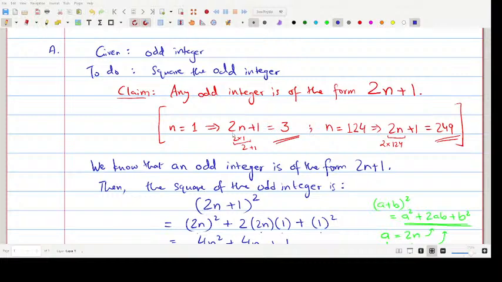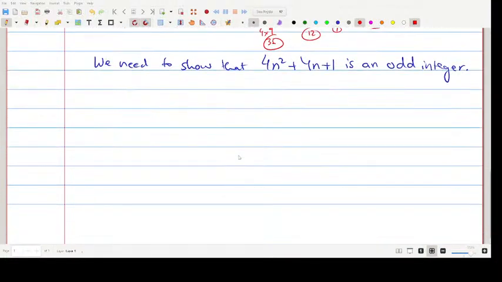So basically any odd integer would be of the type 2k plus 1 as well. It can be like 2 times some small variable plus 1. This can also be the form of an odd integer, right? So we will try to find a number which multiplied by 2 plus 1 is our 4n squared plus 4n plus 1, right?